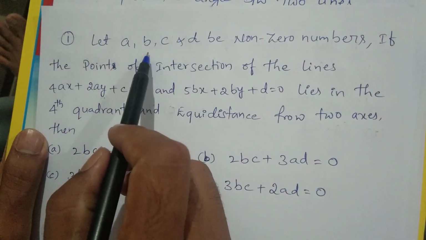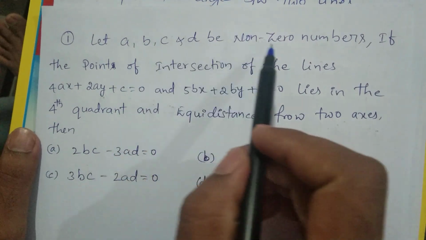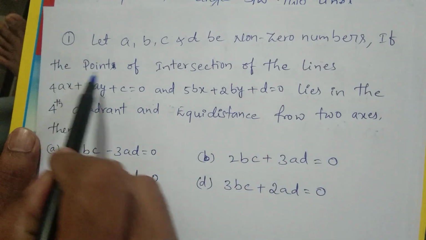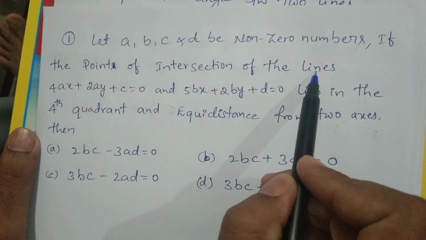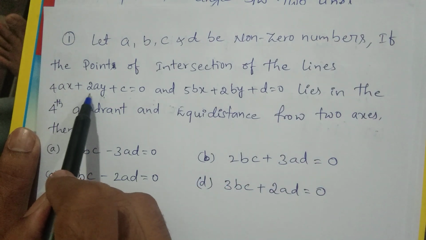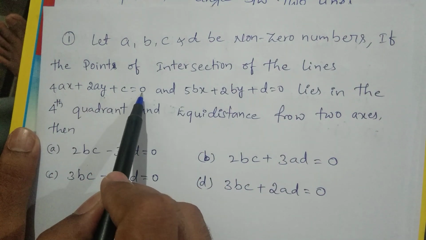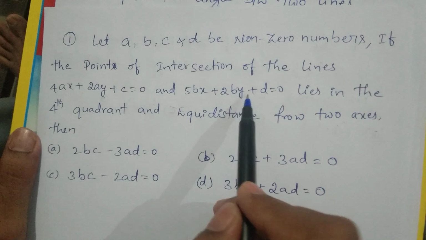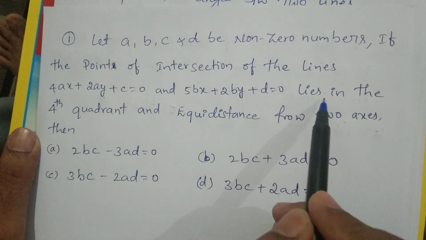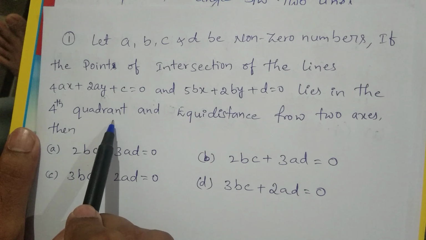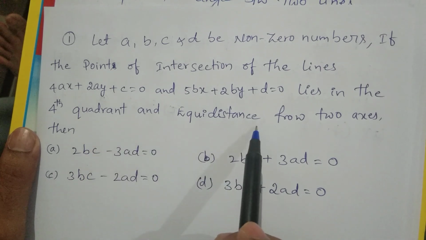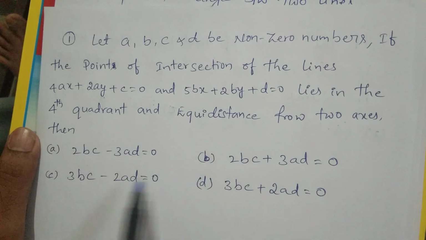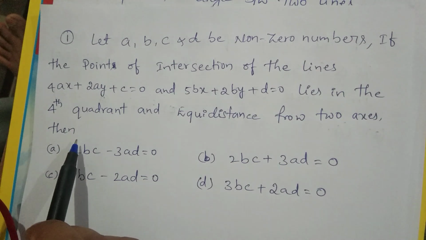Let a, b, c and d be non-zero numbers. If the point of intersection of the lines 4ax plus 2ay plus c equal to 0 and 5bx plus 2by plus d equal to 0 lies in the fourth quadrant and is equidistant from the two axes, then which of the following is satisfying the condition?